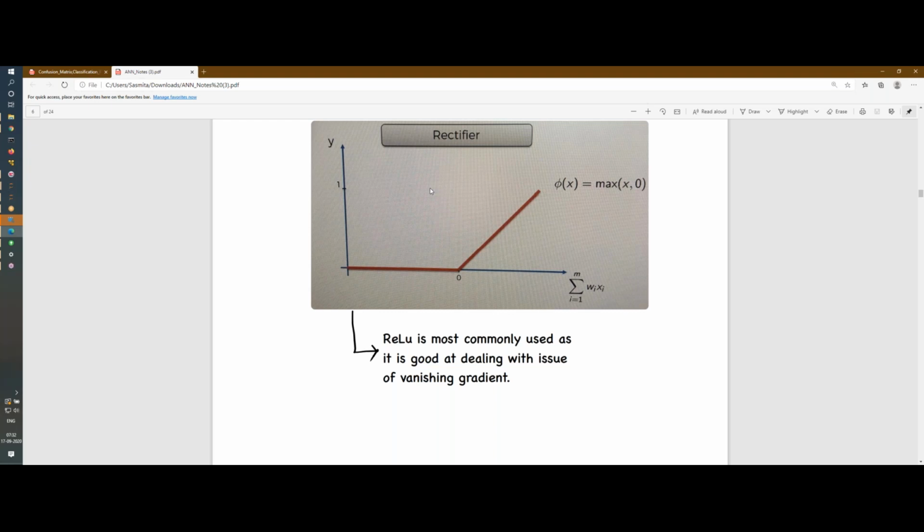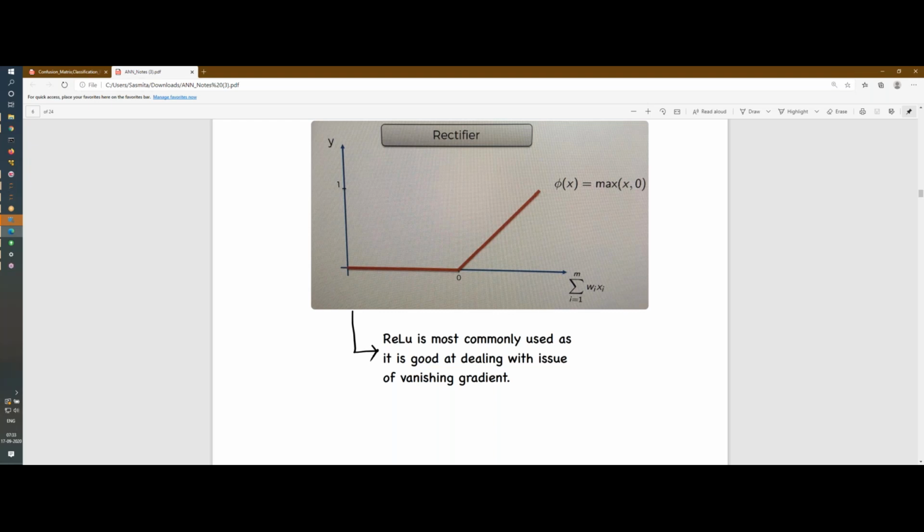You have to decide which activation. Once you understood this is a regression, I will be applying Relu here. If it is a classification, I will be applying softmax or cross entropy. I cannot apply rectifier in this case because this is a classification problem. These are all concepts you will understand if you know the details about activation.